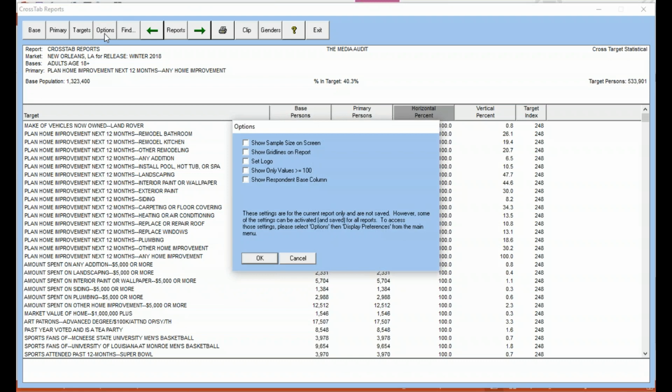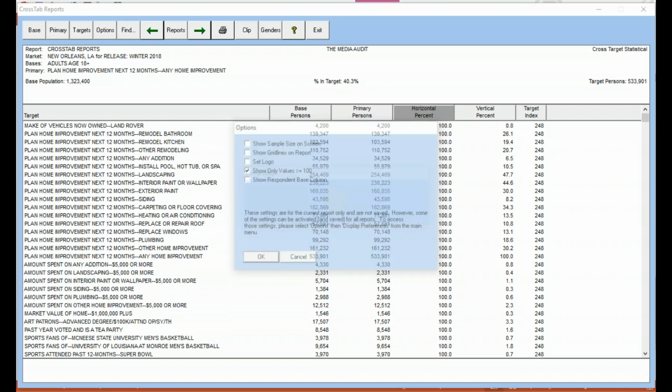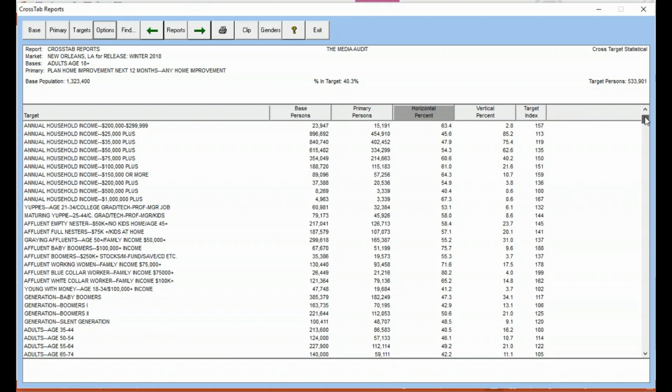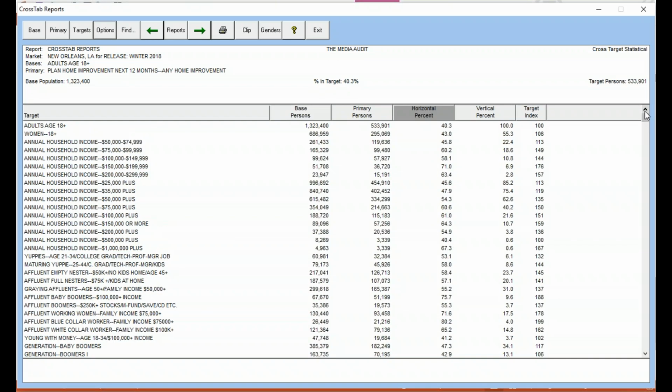And you can say to yourself, I want to just see the targets that index well for folks that are considering home improvement prospects or projects, sorry. Those are two words that are going to trip my tongue up, so I'm going to find new words for those. But doing that already will take your 19-page report down and limit the data.